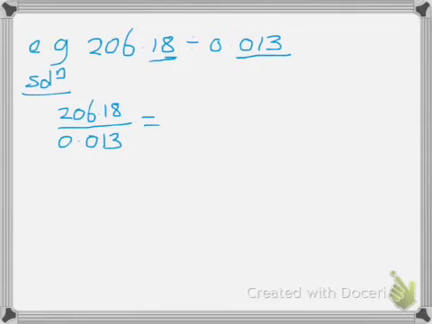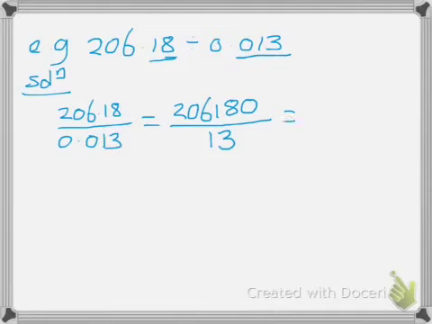So if I multiply the top by 1,000, I get 206,180. So that's what I would get if I multiply the numerator by 1,000. Now the bottom, I'm going to multiply this by 1,000, and I simply get 13.